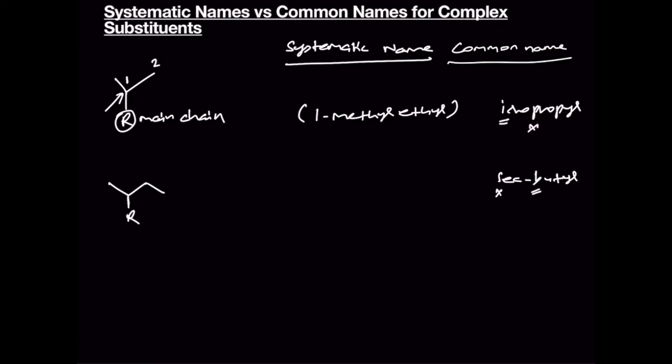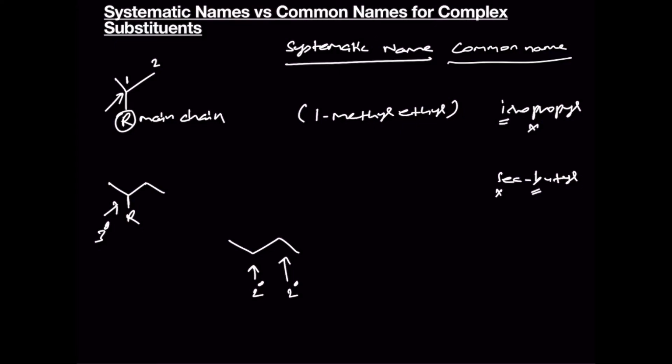Okay, so the reason why we call it secondary butyl is because you might be thinking that this is a tertiary carbon here, so why are we calling it secondary butyl. The reason is when you have a butyl chain, this carbon is secondary, this carbon is also secondary.